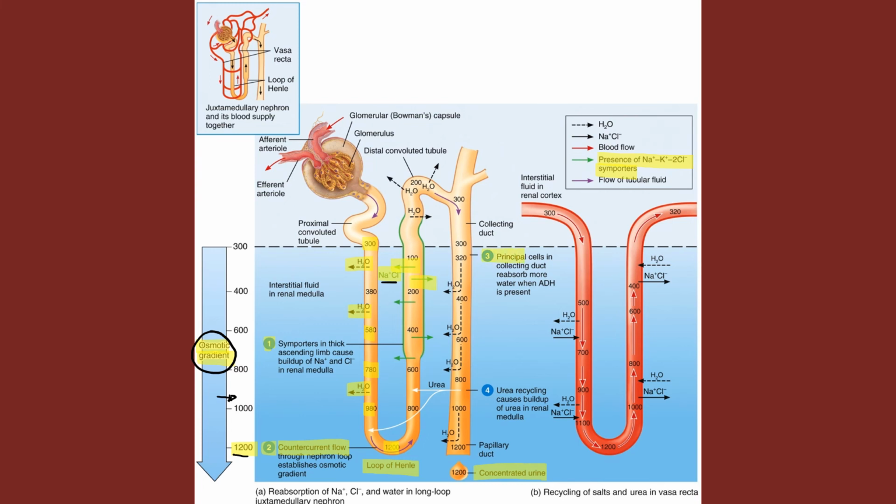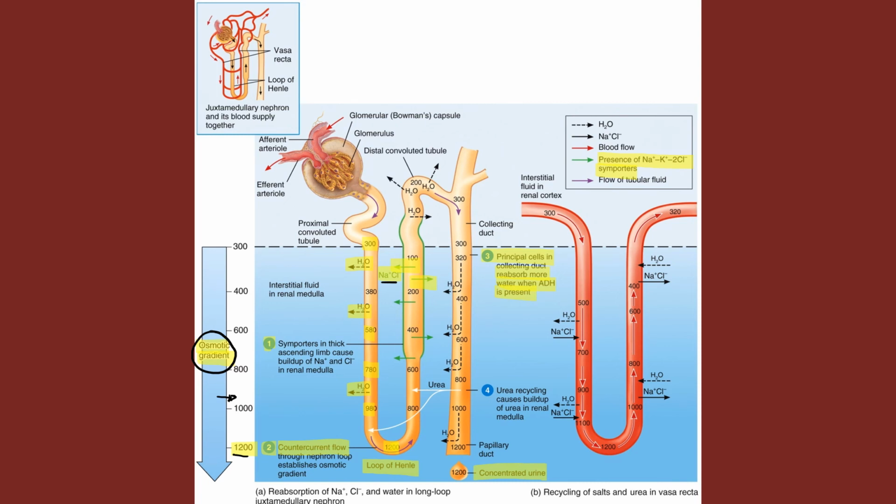Next, we have number 3 over here, which covers the principal cells in the collecting duct. Now these are going to be reabsorbing a lot more water when the antidiuretic hormone is present.